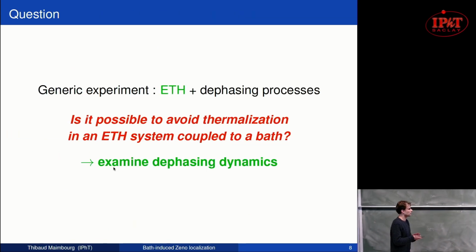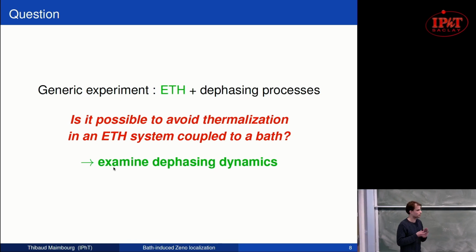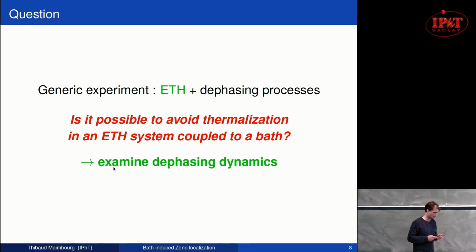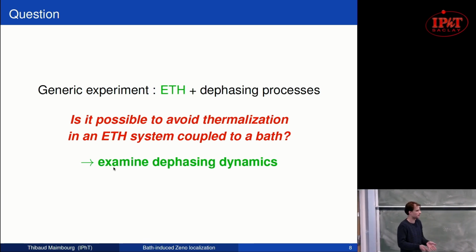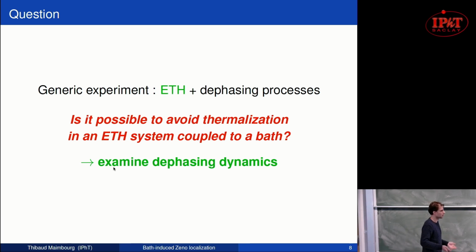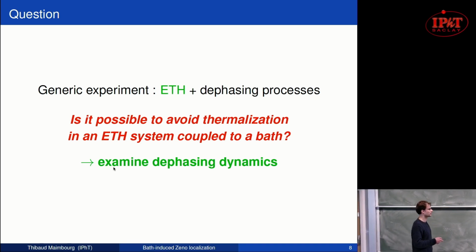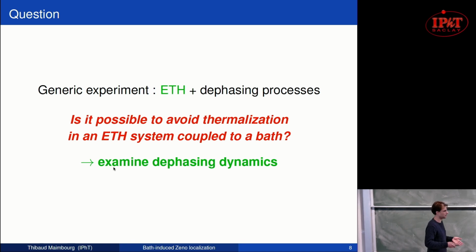Right, so maybe the theoretical question we asked in this work is that, if you take a generic experiment, what you expect is that the system satisfies ETH, and we know that there are dephasing processes. There is the one I was talking to you about, but there is also the dephasing process due to the bath. So it should be thermalizing.